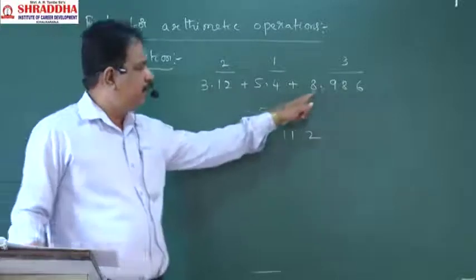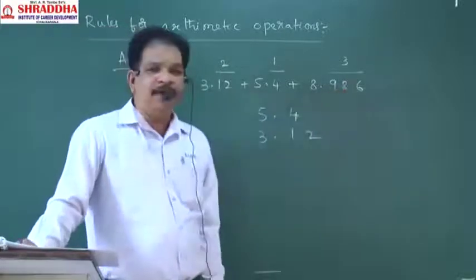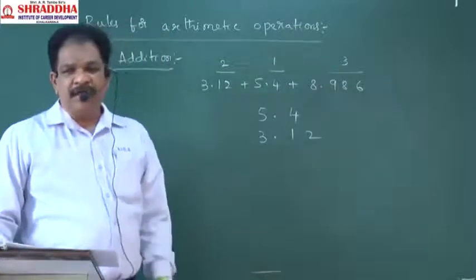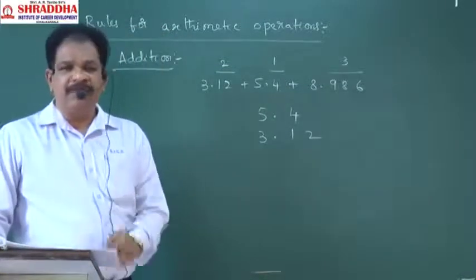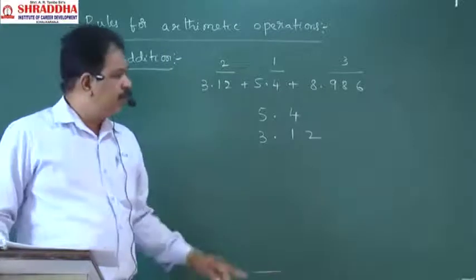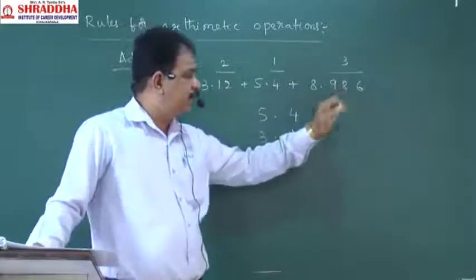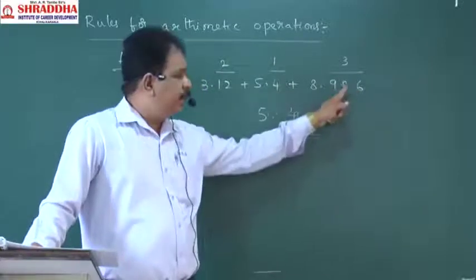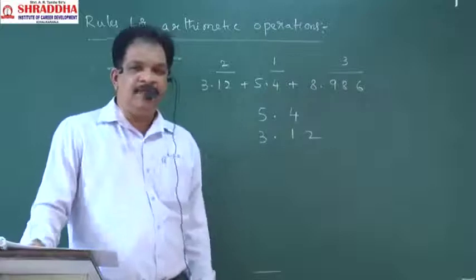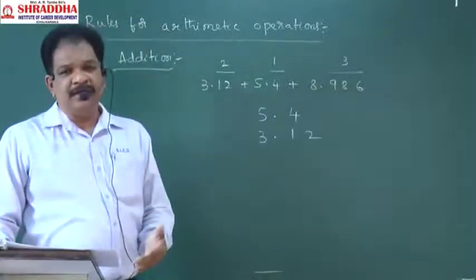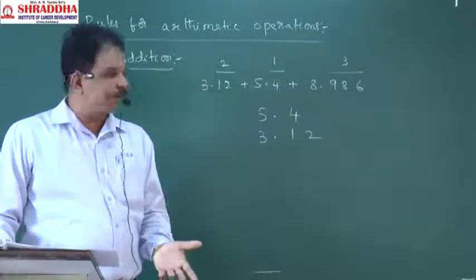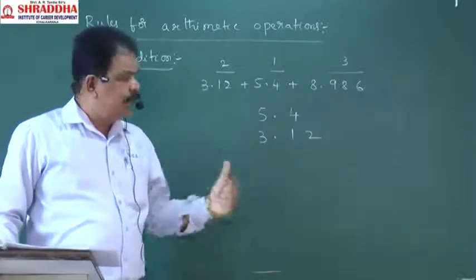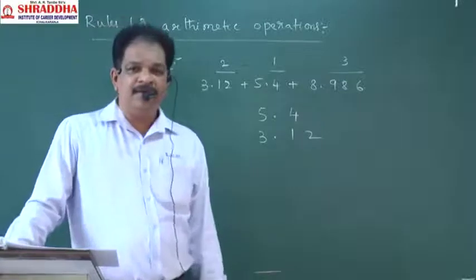Then no need to do anything about it. Next, for this one, after the decimal point, three significant figures are there, so round the number to two significant figures. So we have to discard 6. 6 is greater than 5, so the previous digit will be increased by 1. If the discarding digit is greater than 5, the preceding digit will be increased by 1.